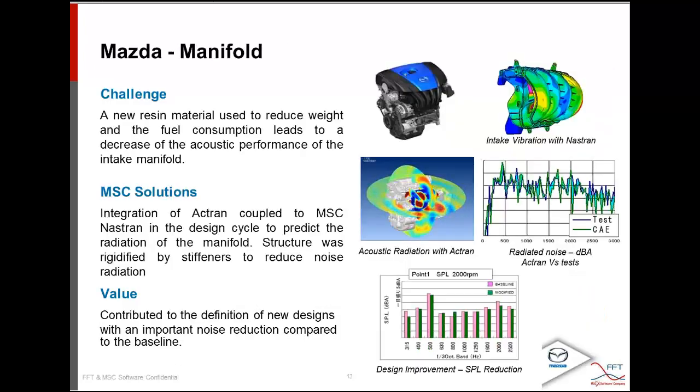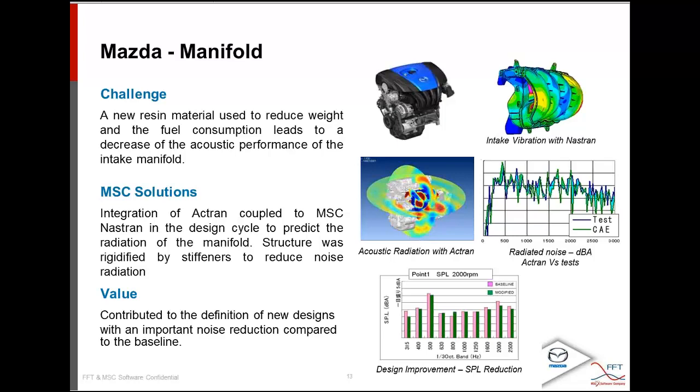So let's see now an industrial example. The first one comes from Mazda. It's a manifold. The challenge of Mazda was to reduce both the weight and the noise of the manifold. In fact, a new resin material allowed Mazda engineers to reduce the weight, but it decreased acoustic performance.